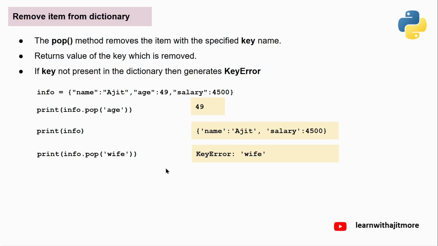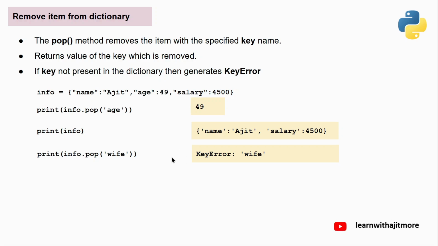Then there is one more method called popitem. The popitem method by default removes the last key-value pair. After removing it, it returns that deleted key-value pair as a tuple.